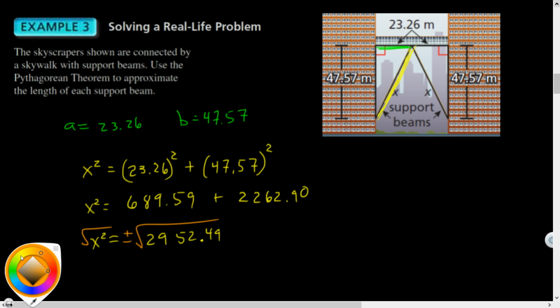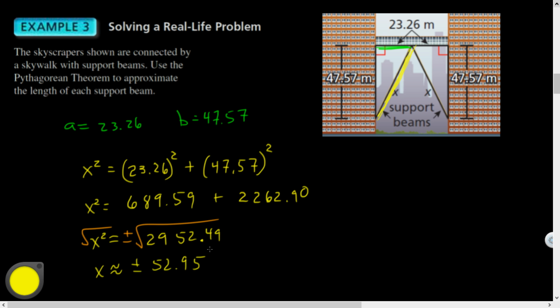Plus or minus, don't forget it. And I would get x is approximately plus or minus 52.95. Okay? So then I can get the length of those support beams. And that's 52.95 what? And those are lengths. It's not area, correct.